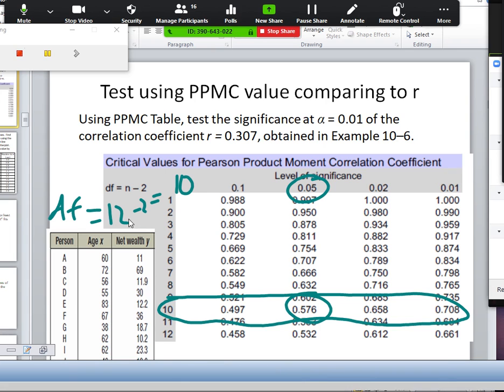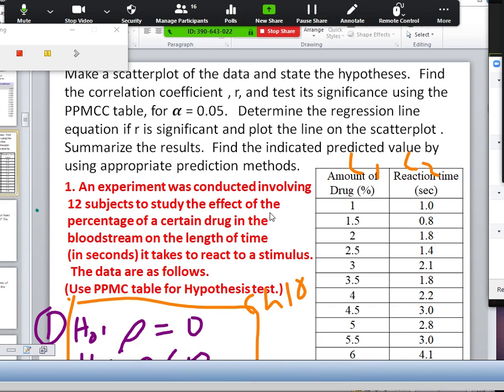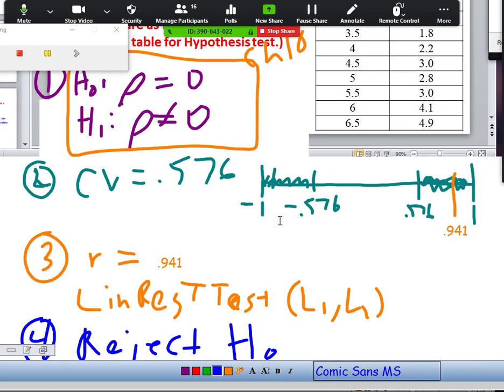So 12 minus 2 is 10. Degrees of freedom is 10. My alpha is 0.05, so 0.576. That's my critical value.